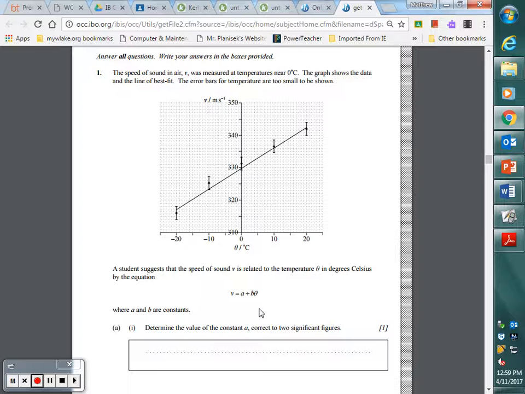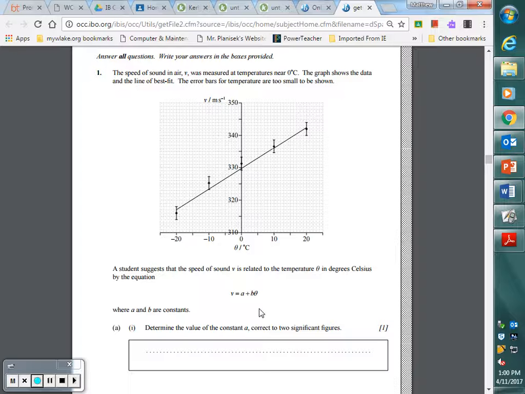That means b is going to be the slope, and a is going to be the y-intercept. So b is m and a is b, if we talk about them in general terms.